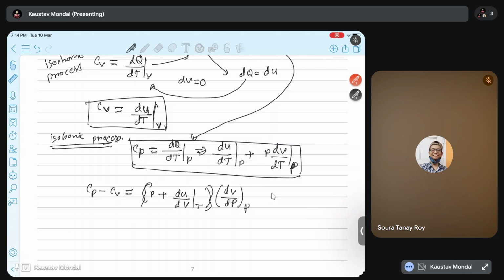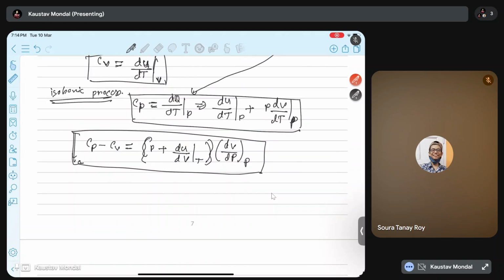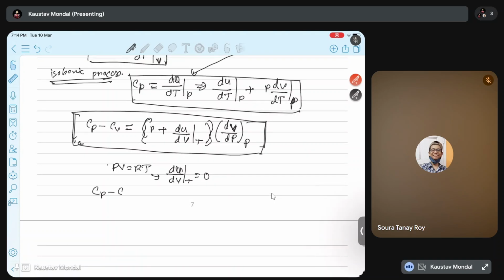This is a very important relation that you have to remember, this particular form of expression. Now for the case of an ideal gas, PV equal to RT, if you consider dU by dV equal to 0 at constant temperature, in that case CP minus CV will be equal to R.